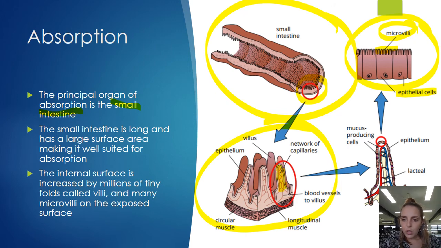And looking more closely at that, as these nutrients are beginning their absorption, they're able to absorb straight across that single layer of epithelium into our blood supply. And that's how our nutrients get into our blood supply before we excrete out the waste products. It's really well suited for the small intestine, because having these villi and microvilli means that we get a bulk increase of surface area and as much maximal absorption as possible.